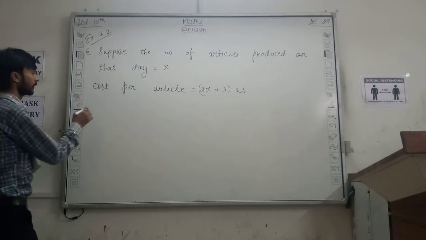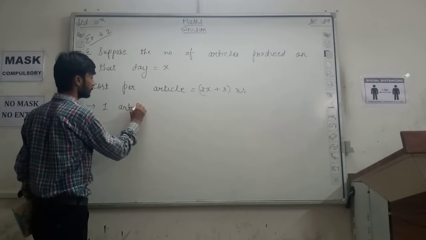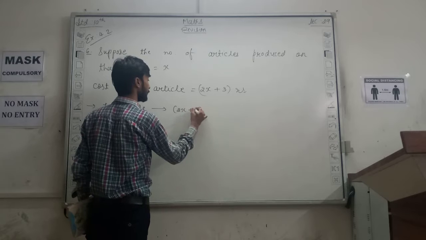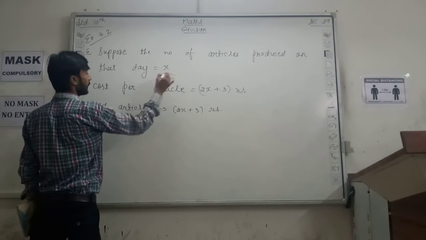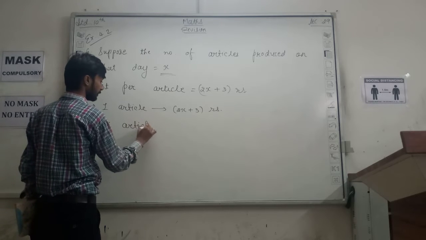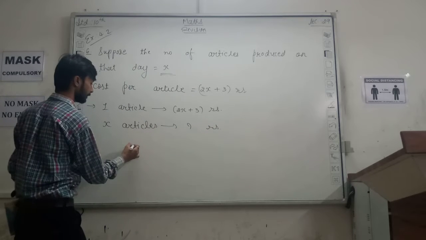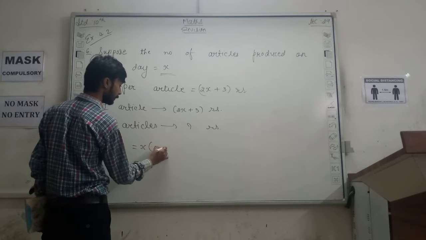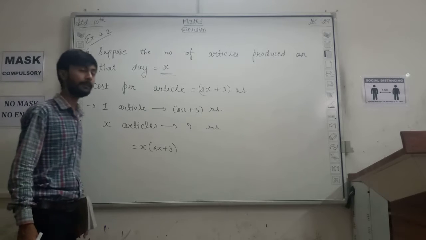So for one article the cost is rupees 2x plus 3, then how much for x articles? So x into 2x plus 3 rupees, but the total costing is given to you, right?